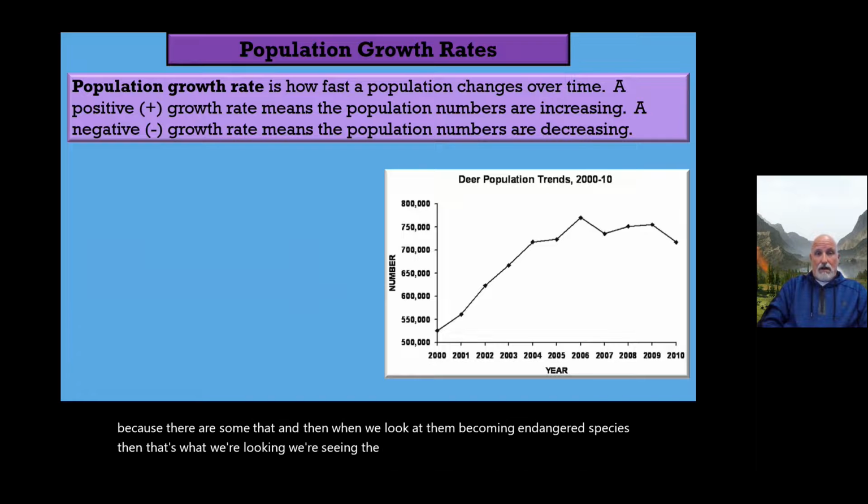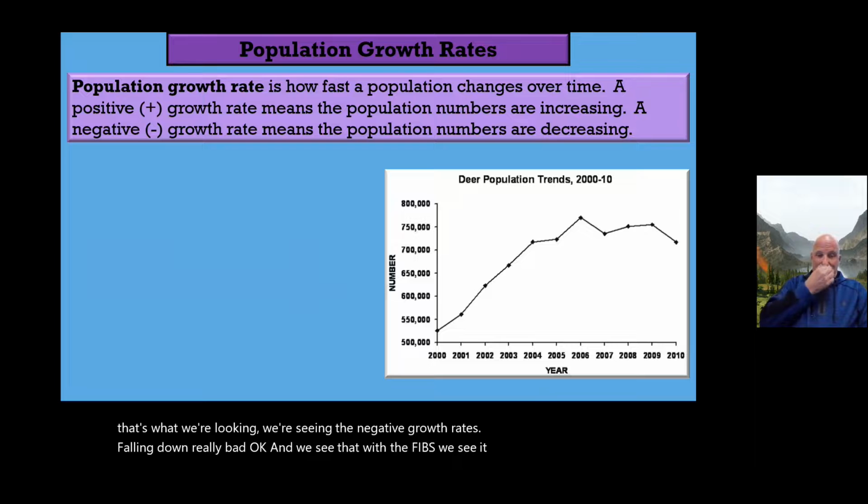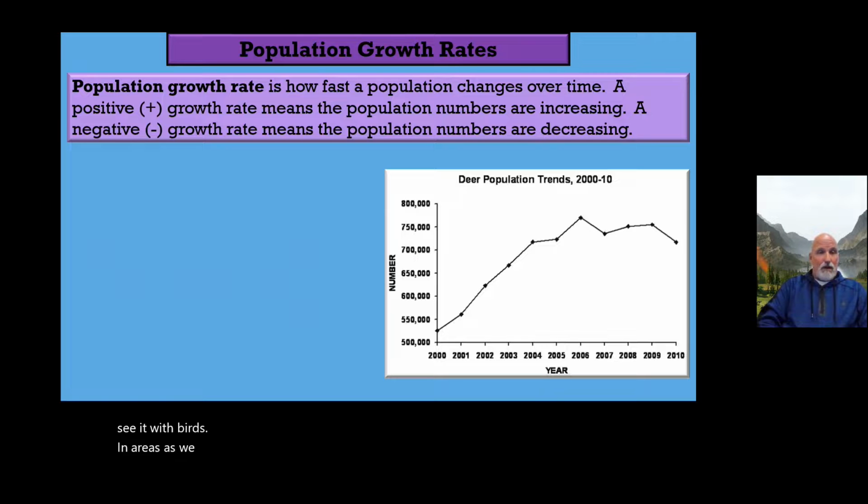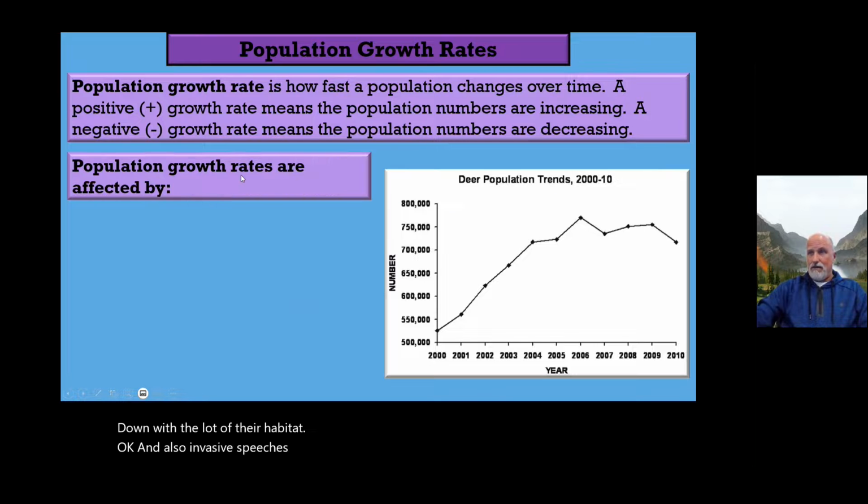We're seeing the negative growth rates falling down really badly. Okay, and we see that with fish, we see it with types of animals, we see it with birds, in areas where we have done away with a lot of their habitat. Okay, and invasive species have affected that too.